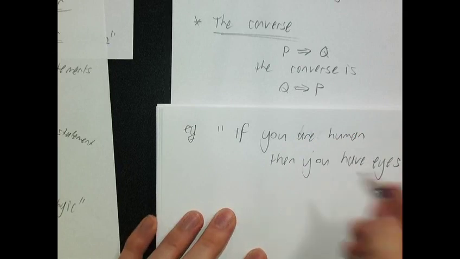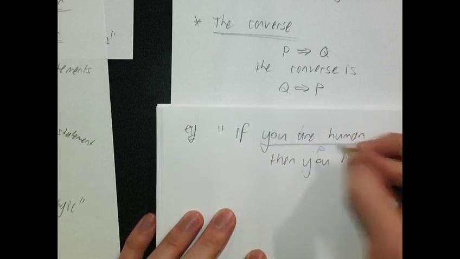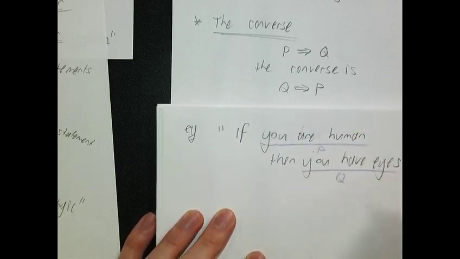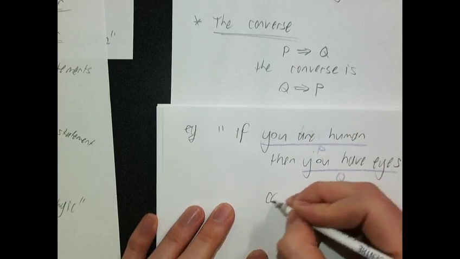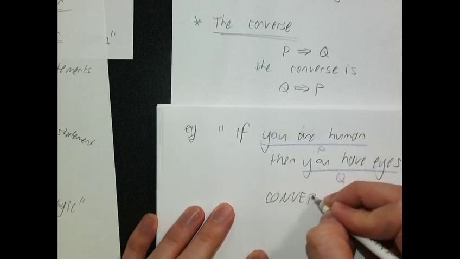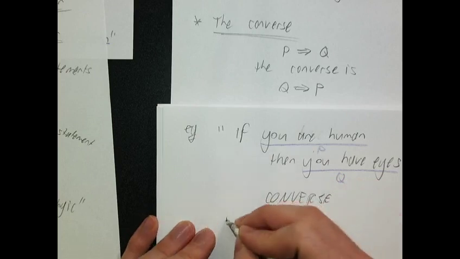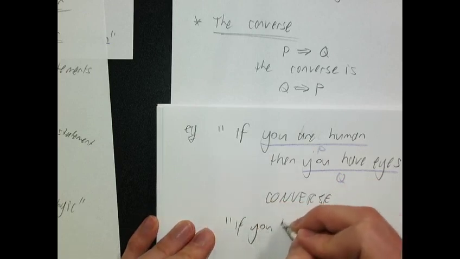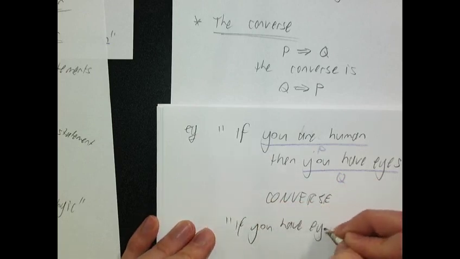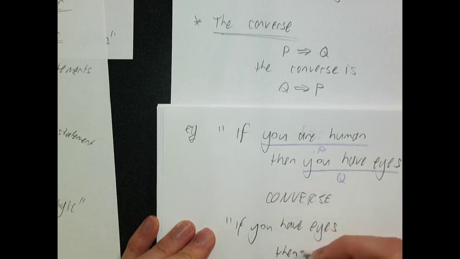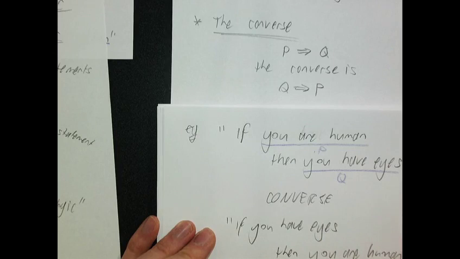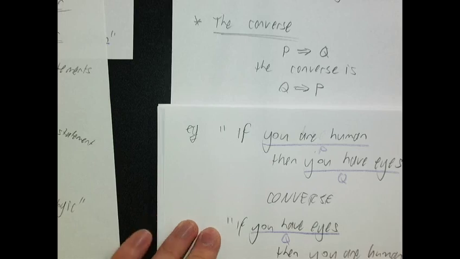So here's my P. You are human. Here's my Q. You have eyes. The converse is if you have eyes, then you are human. You just switch them up, put them around the other way. This is Q, this is P.